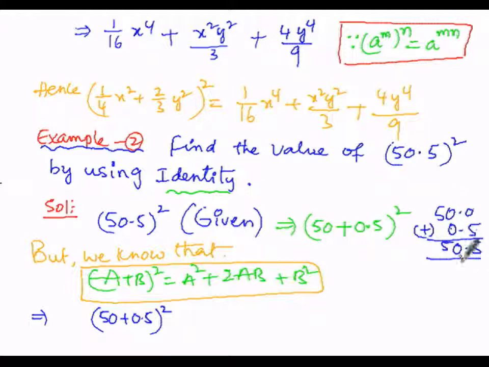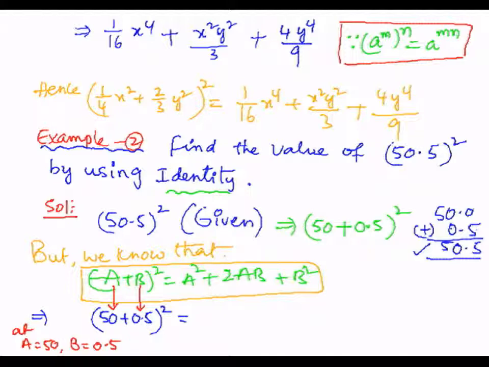So here 50.5 can be written as 50 plus 0.5, in this manner. By comparing, a must be replaced by 50 and b must be replaced by 0.5. So here a is equal to 50 and b is equal to 0.5.